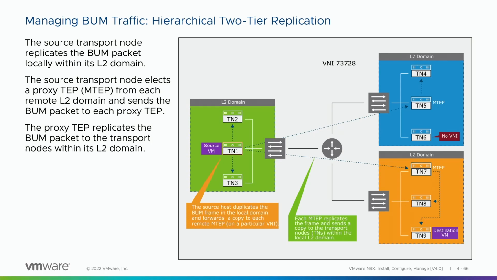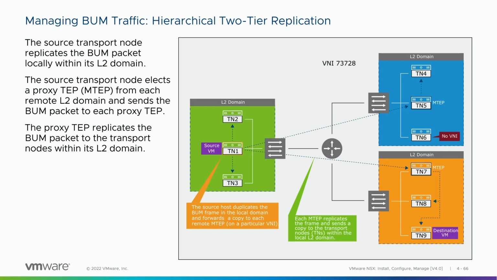Instead of transport node 1 being responsible for creating packet upon packet upon packet, we're saying transport node 1 is responsible for things in its subnet, transport node 5 is responsible for things in its subnet, transport node 7 is responsible for transport nodes in its subnet. So we're distributing the workload, which is great.